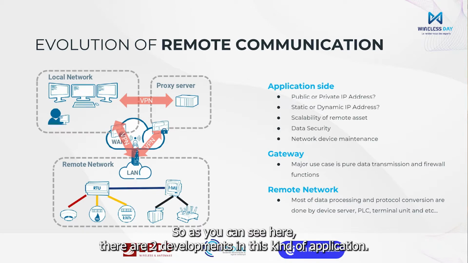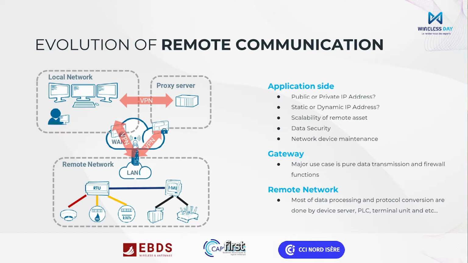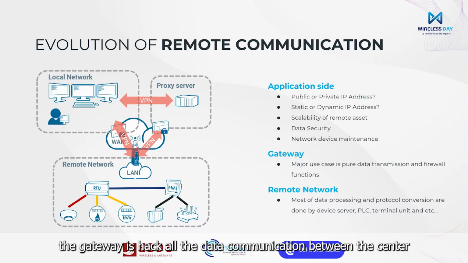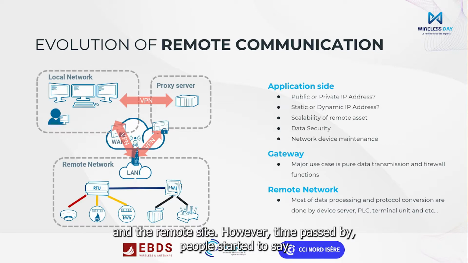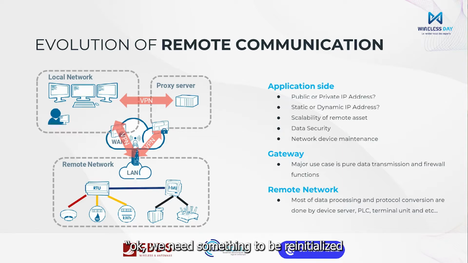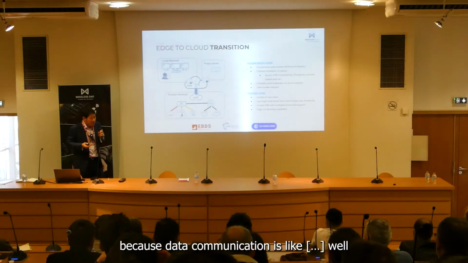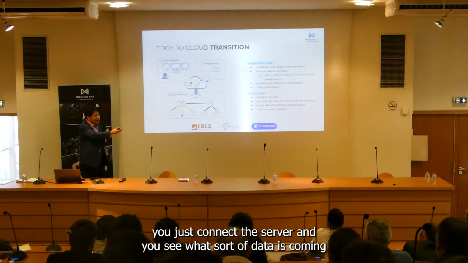So as you can see here, there are two developments in this kind of application. The first development at the application side is, as I said, in the past the gateway acted only for data communication between the sender and the remote side. However, as time passed, people wanted something to be visualized, because data communication is just connecting, opening the socket and seeing whether the data is coming.